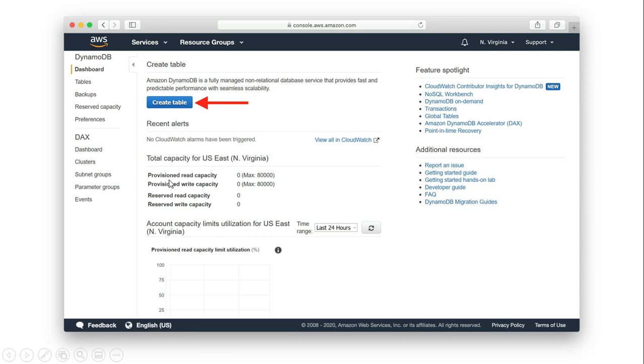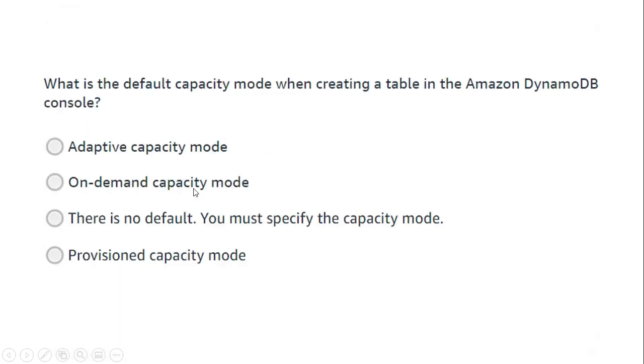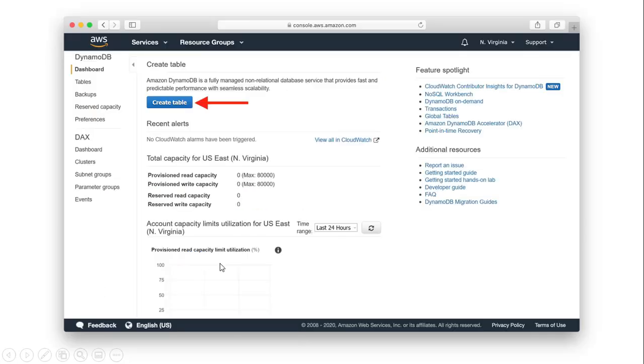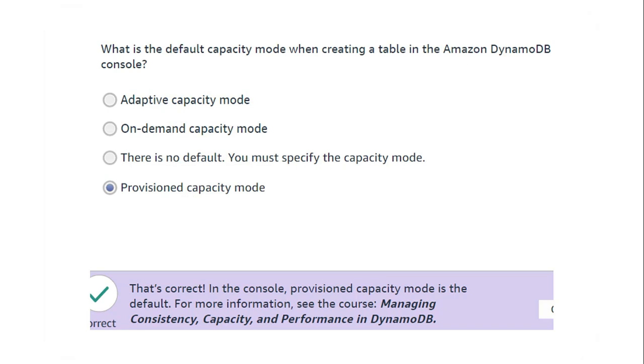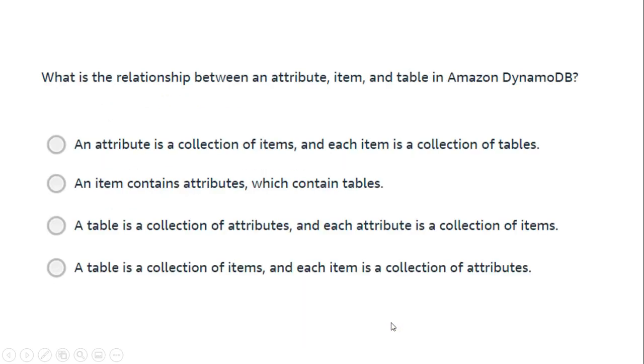Here you can see provisioned read capacity and provisioned write capacity. So provisioned capacity mode is the answer for this question. In the console, provisioned capacity mode is the default. For further information, you can read about managing consistency, capacity and performance in DynamoDB.